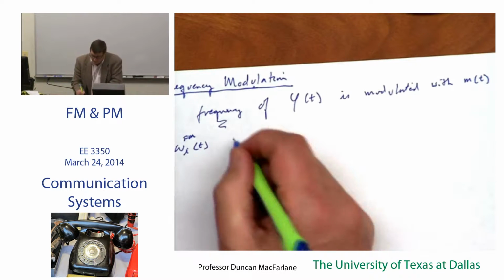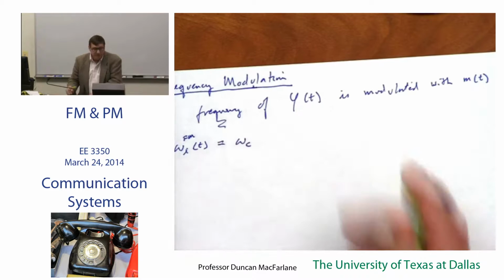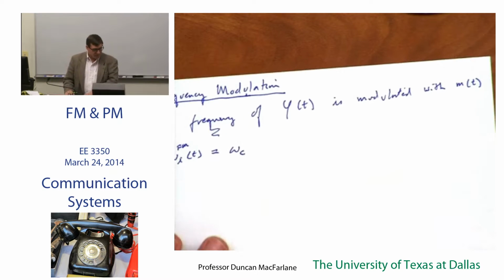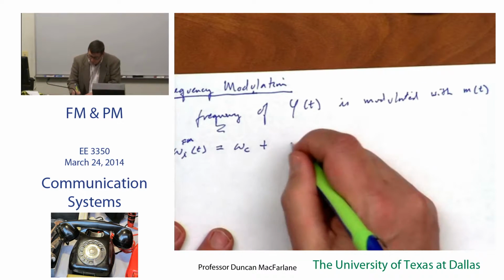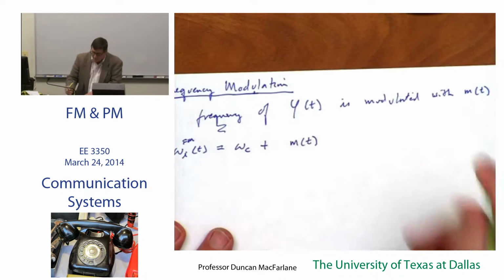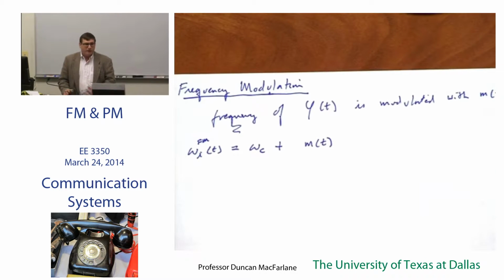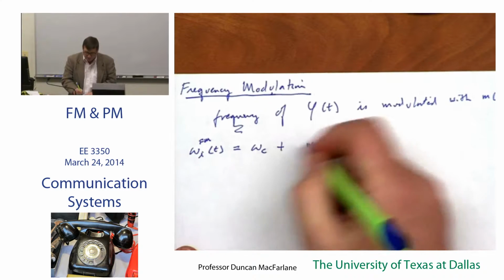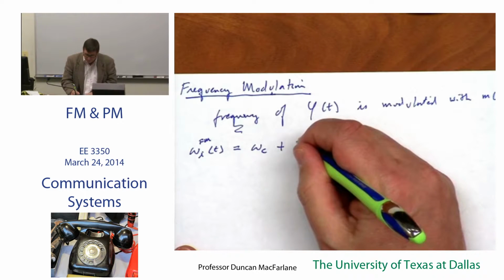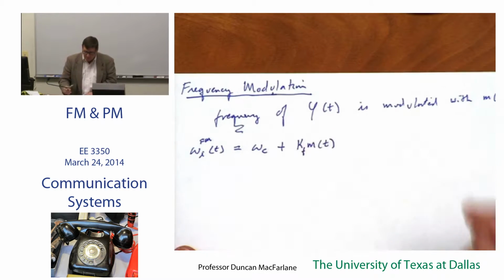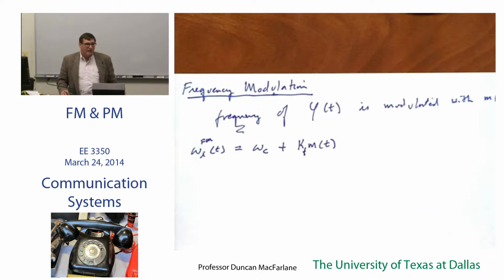So it's going to be an omega c, and then it's going to have a term that has my message signal. And what I reserve the right to do is to scale that. I scale that message signal to get the right comparison, to get the right encoding on this. So I'll multiply that by a constant, and that constant I'll call kf, as opposed to k sub p, which I did for the phase modulation.